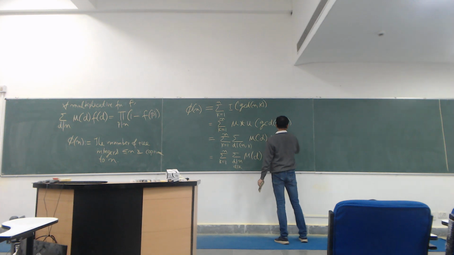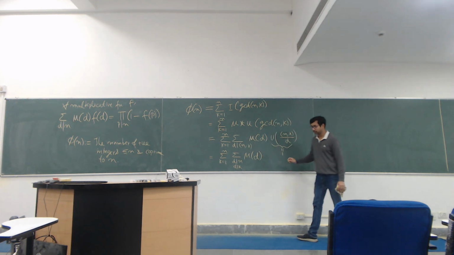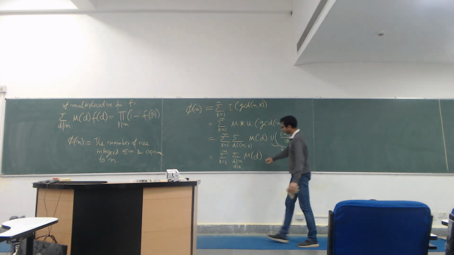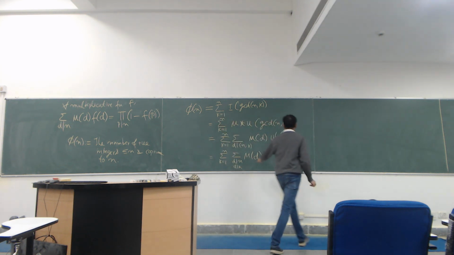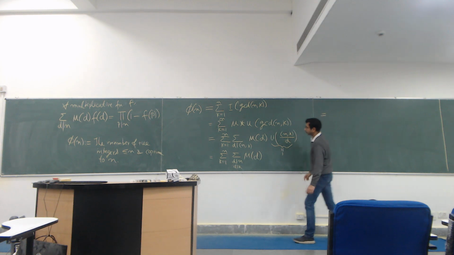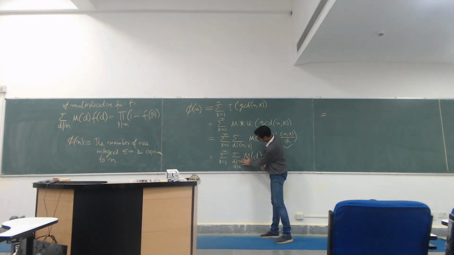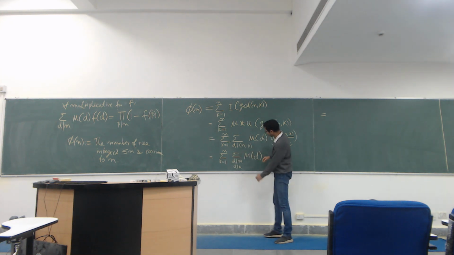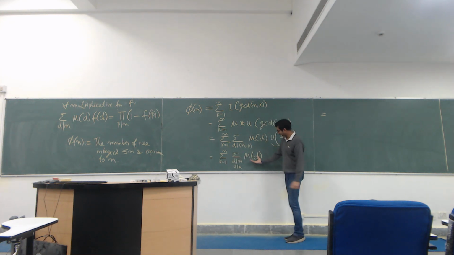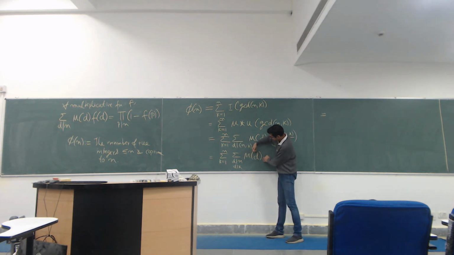Now what we are going to do here, we're altering the sums and we're fixing a d which is dividing n, and we'll count the number of k's for which that holds. What are we summing for such a d? For such a d, we are summing mu(d) over all the k which are multiples of d.